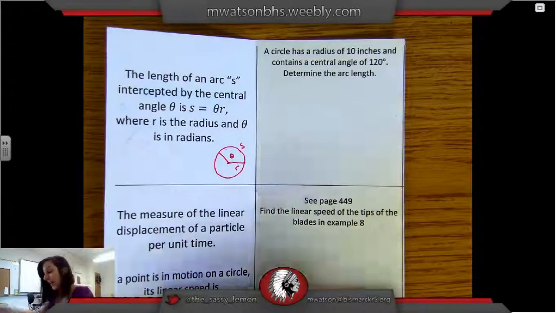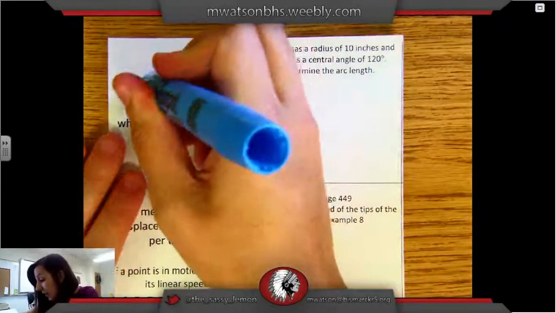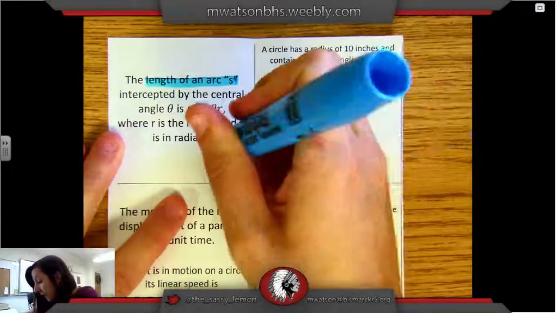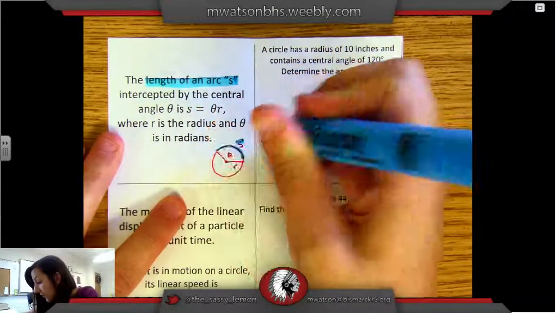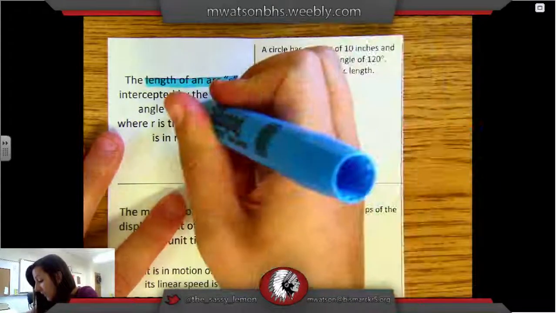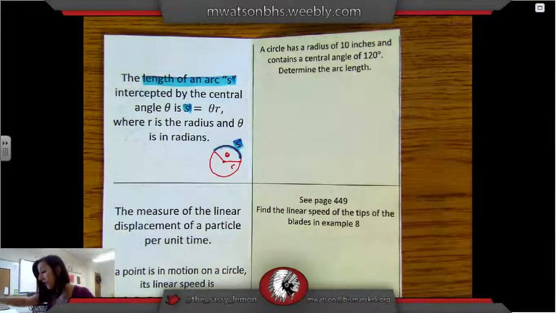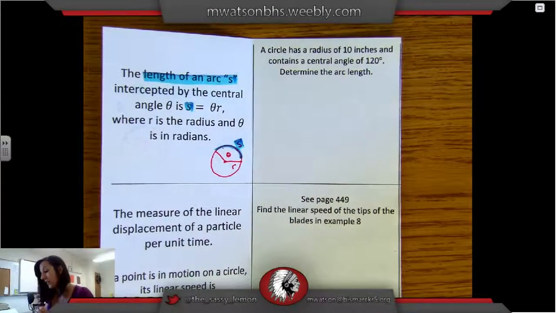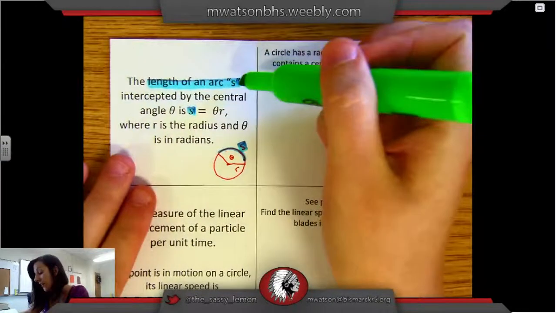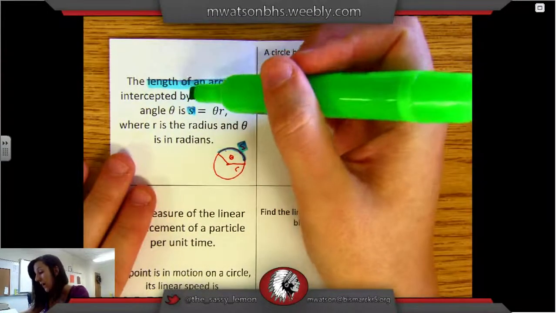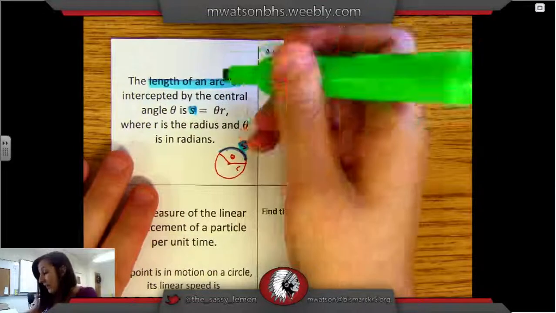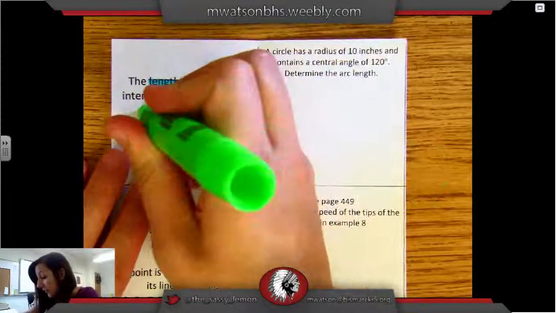Also, I'm going to highlight length of arc S, highlight my arc here, and then I'm also going to highlight it in my formula, S equals. The next thing we run into in this description, the length of an arc S intercepted by the central angle theta. So let's highlight that, central angle theta.